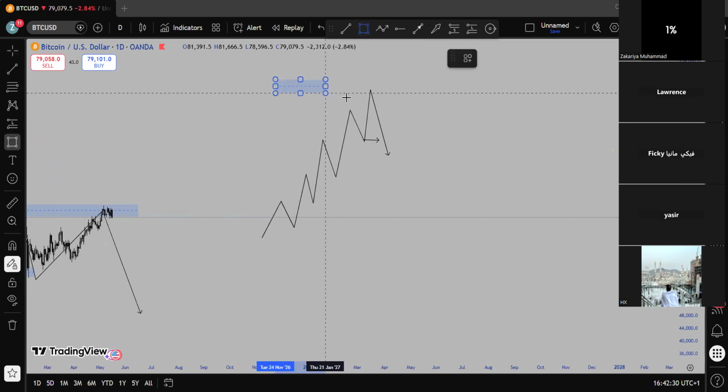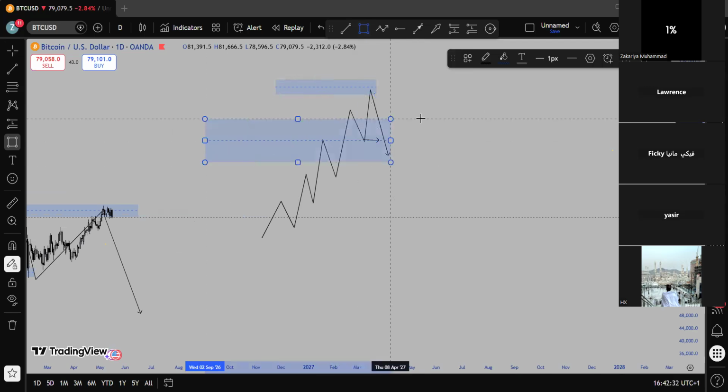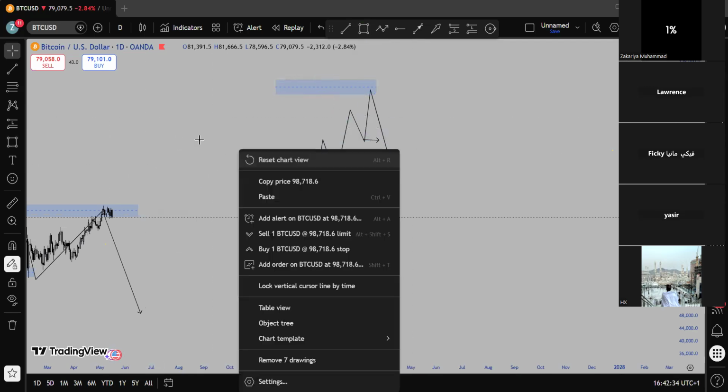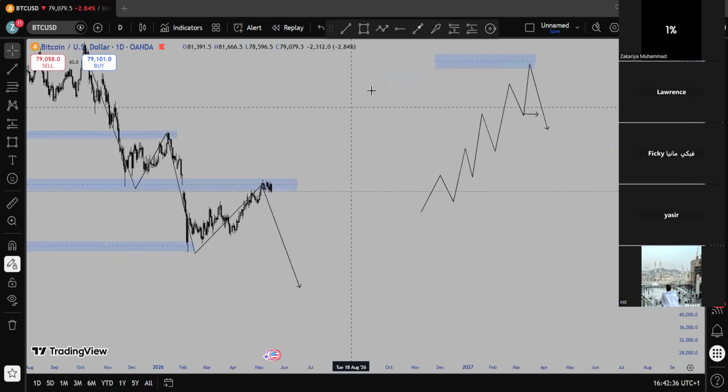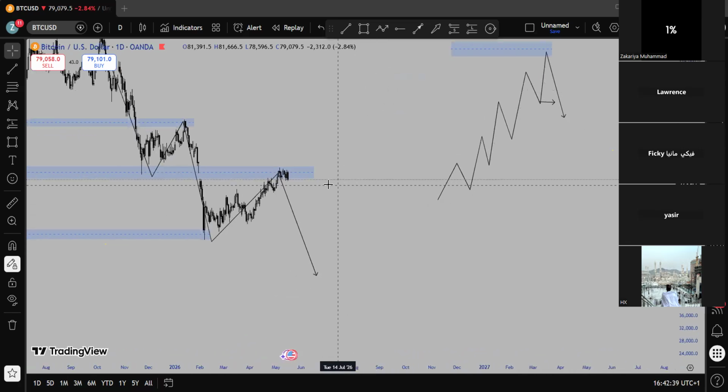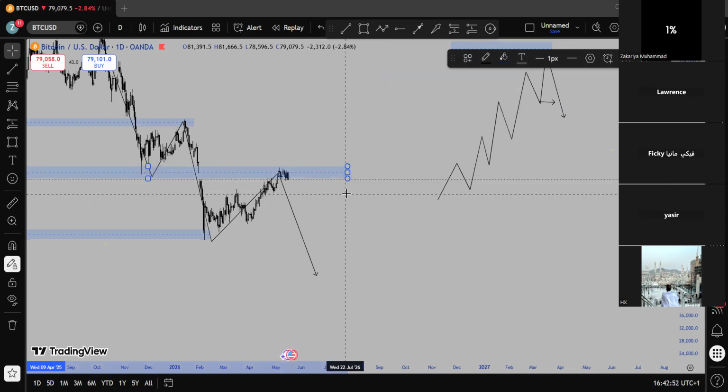When the market taps into a higher time frame key level, like what the market is currently doing on BTC, I like to show you inside the chart at the current price action. I don't want to go into minor ones like last year or two years of price action. That's not necessary, because I have to show you the current price action. Currently, we know that the market tapped into a breaker block. Why is it a breaker block?